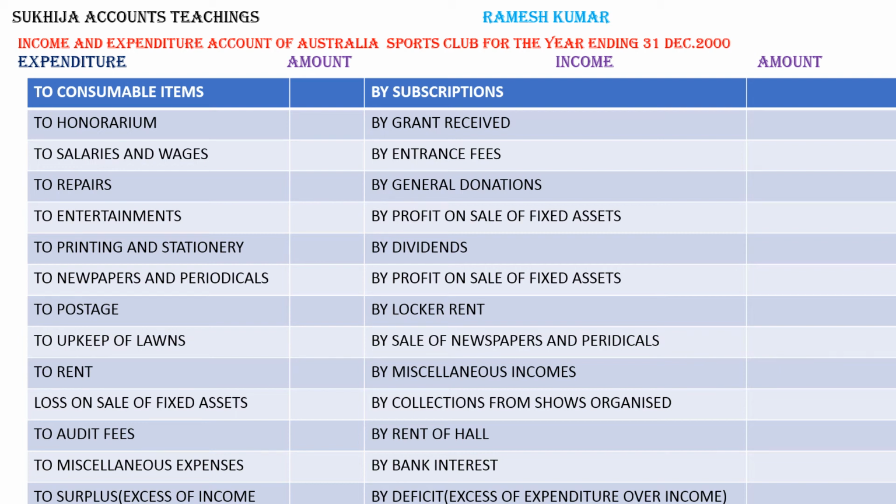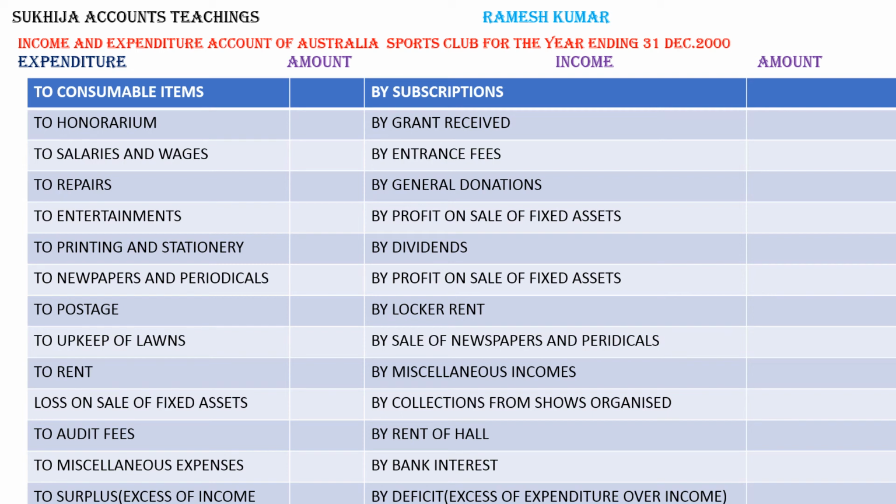Then whatever they have arranged for catering, whatever profit they get from that, is called by collections from show organized. By rent of hall, they have their hall which they give on rent for marriage or any other functions. The rent which they receive is called by rent of hall.